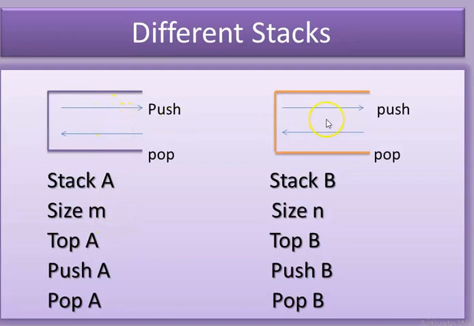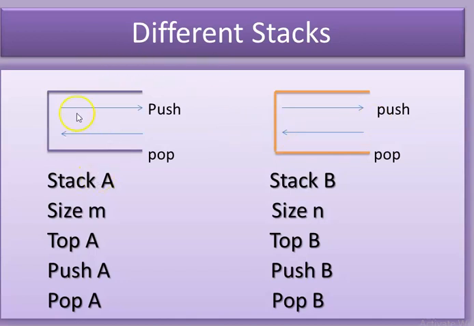Then we have two positions, top A and top B, because top A corresponds to stack A, top B corresponds to stack B. And this will have push A operation, and this is having push B operation, and pop A corresponds to stack A, while pop B corresponds to stack B. Altogether there will be m plus n elements when we attach these stacks together.